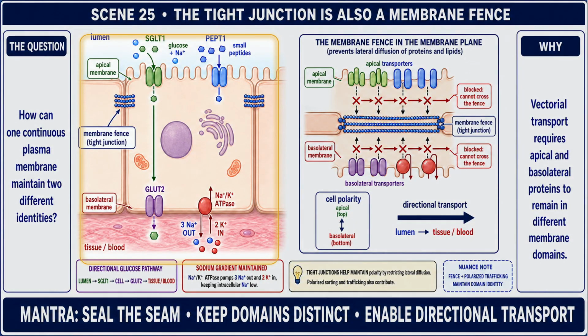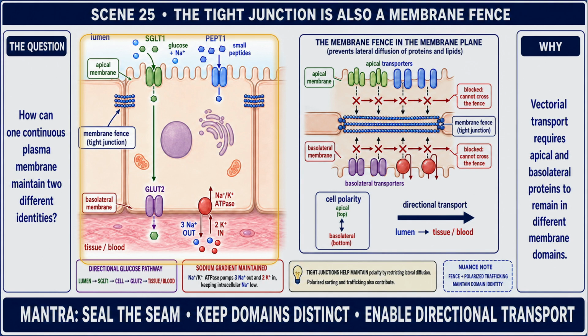The tight junction has a second job. One plasma membrane surrounds the entire cell, yet its apical and basolateral regions contain different proteins. The junction helps stop those membrane components from simply diffusing into one another. In this intestinal example, SGLT1 and peptide transporter 1 belong at the apical surface, where they face the lumen.